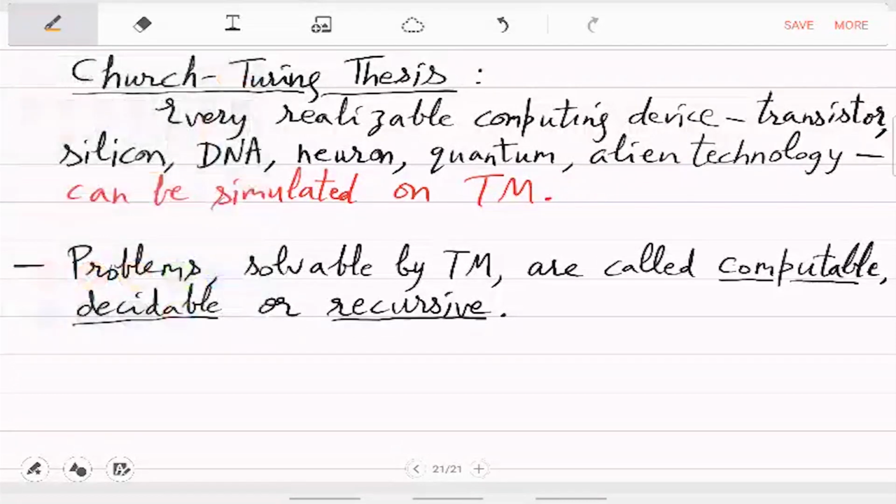Now there is another term which is more general than recursive. It's recursively enumerable. So recursively enumerable is a more general concept.